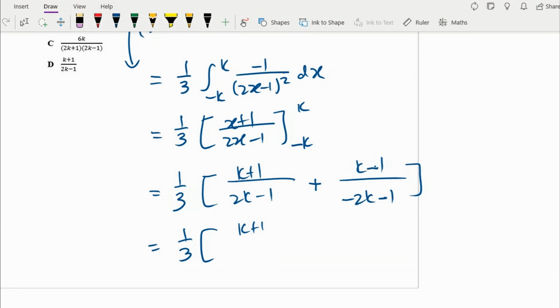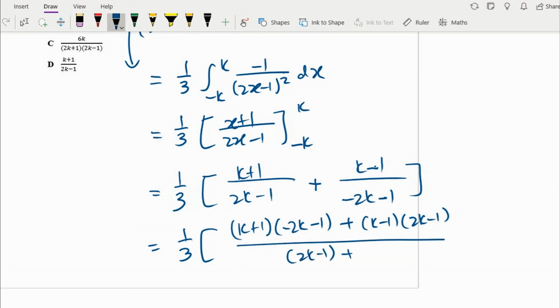Then negative 2k minus 1. Plus (k minus 1) times (2k minus 1) over (2k minus 1) times (negative 2k minus 1). Then this and this can cancel. Wait, can we? No, we can't. Sorry, we can. Expand.